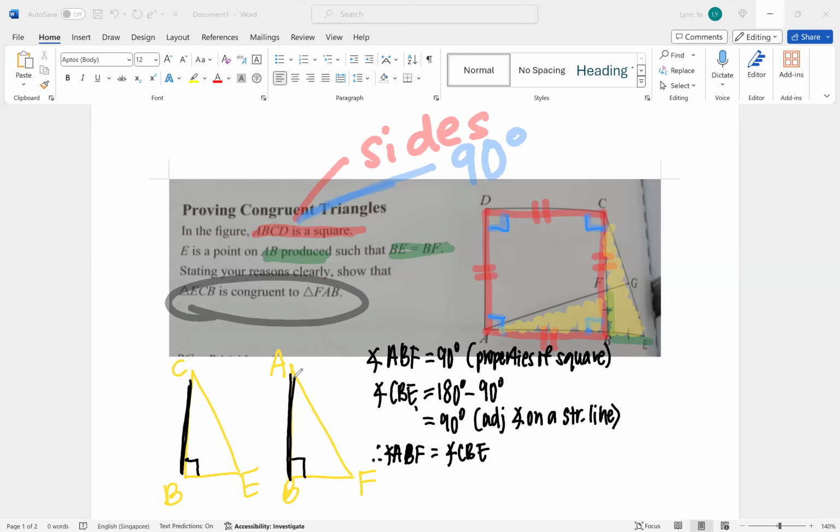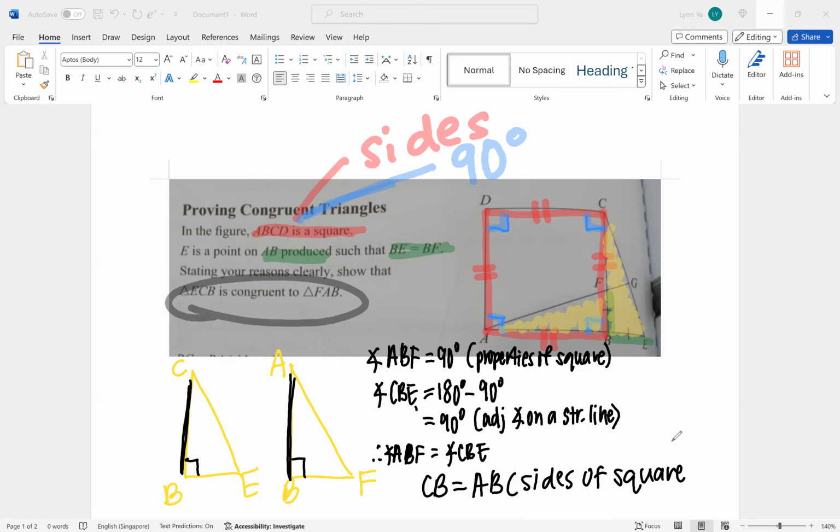How to prove that CB is equal to AB? CB is equal to AB because they are what of a square? Length or what, the sides of a square? And now, some teachers are very particular. They want you to state the name of the square.